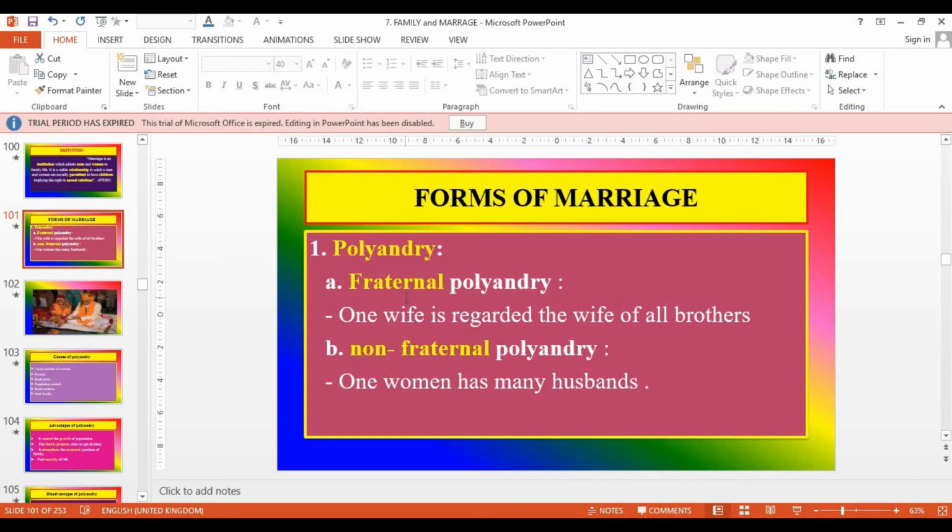There are two types: fraternal polyandry and non-fraternal polyandry. Fraternal means one wife is regarded as the wife of all brothers, which means in one family, only one man marries that woman, who is the wife of all the other brothers. Non-fraternal means one woman has many husbands.